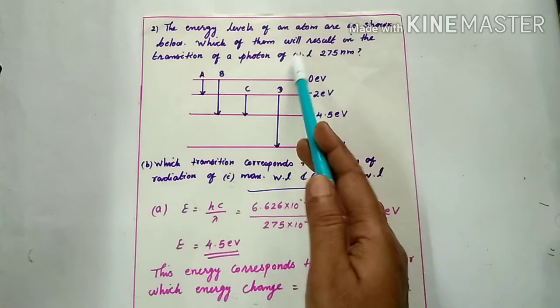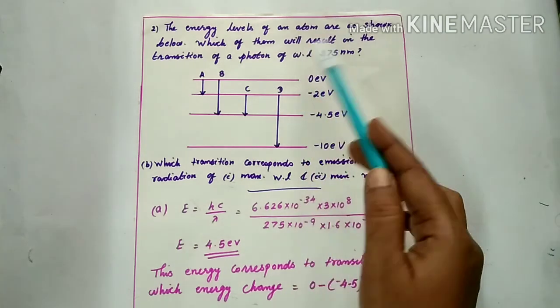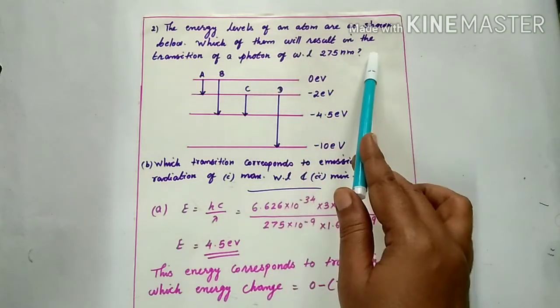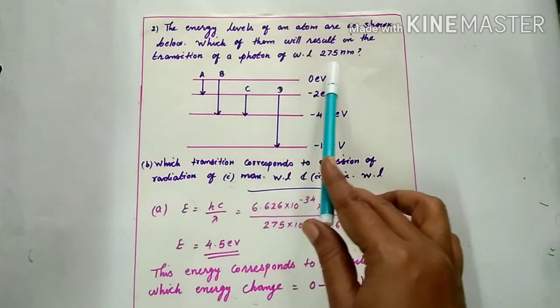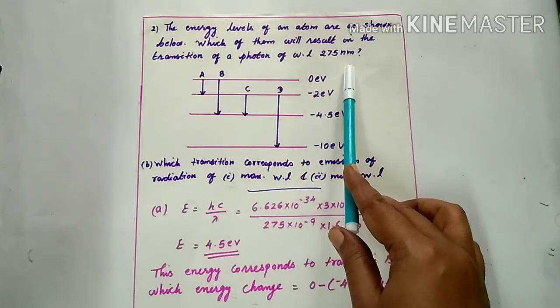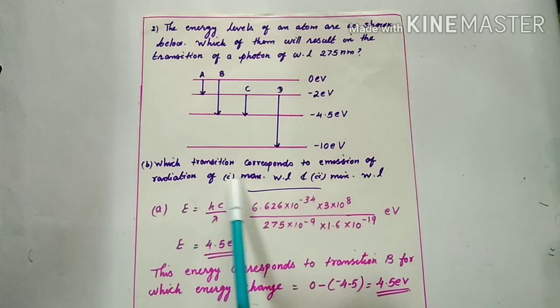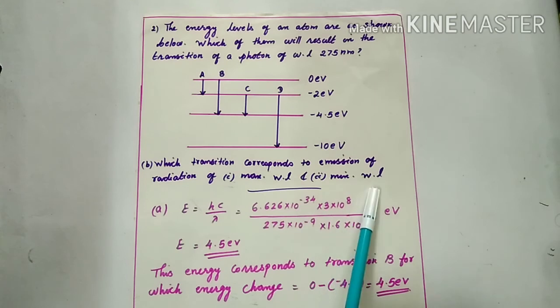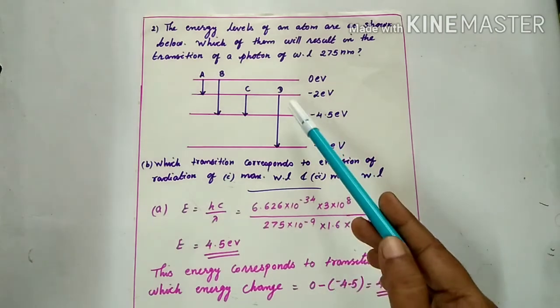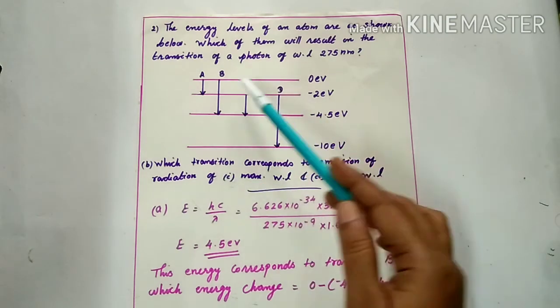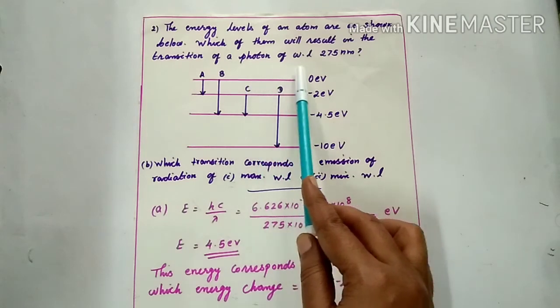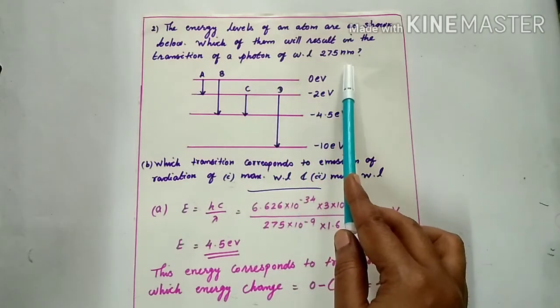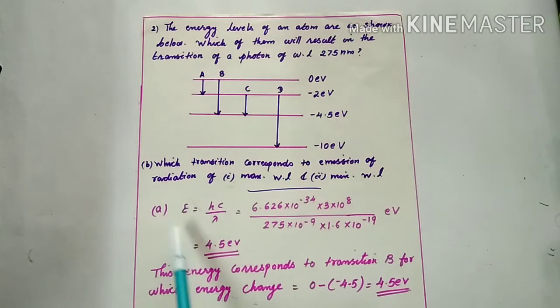Question number 2. The energy levels of an atom are as shown below. Which of them will result in the transition of a photon of wavelength 275 nanometer? Which transition corresponds to the emission of radiation of maximum wavelength and minimum wavelength? First you want to find out the energy for the transition of a photon of wavelength 275 nanometer, that is E equal to hc by lambda.